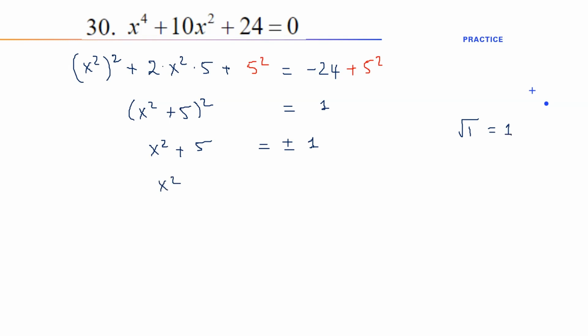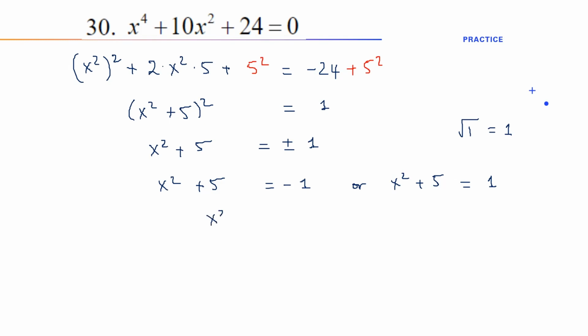Now x squared plus 5 equal to negative 1, or x squared plus 5 equal 1, right?